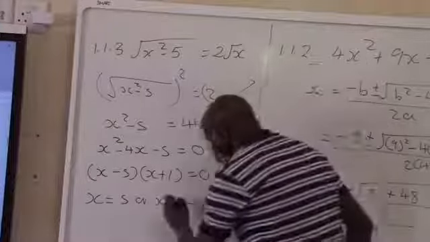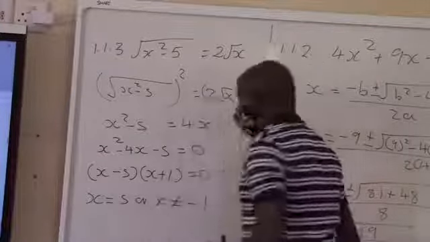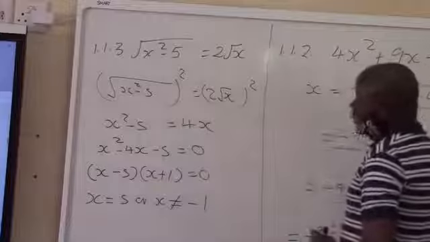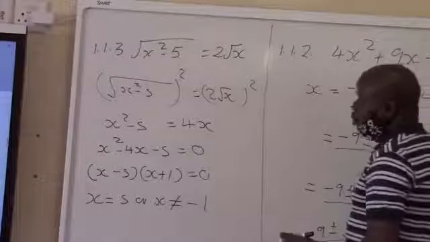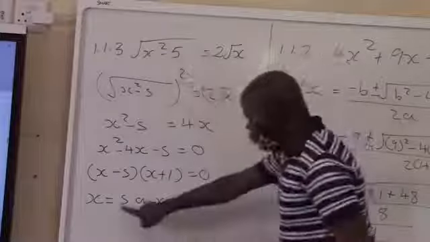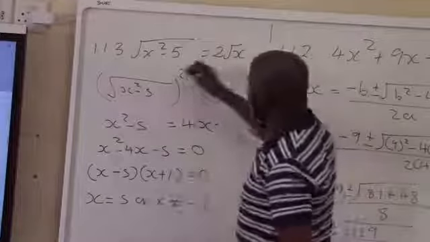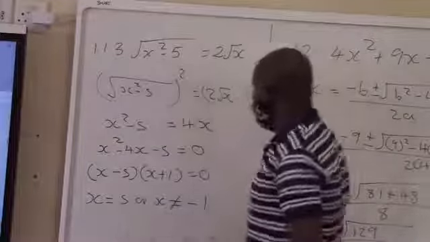So we say x equals 5, and x is not equal to negative 1, because it will be non-real. This one is the one that is correct, because the answer for that is 4 point something, which is correct there.